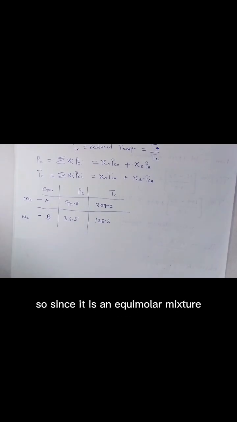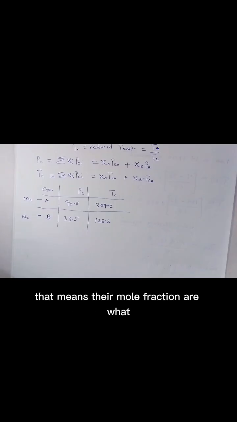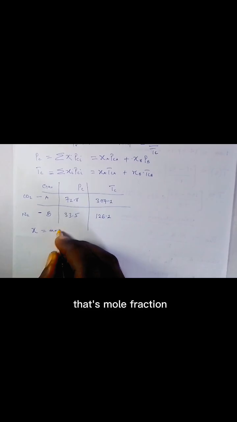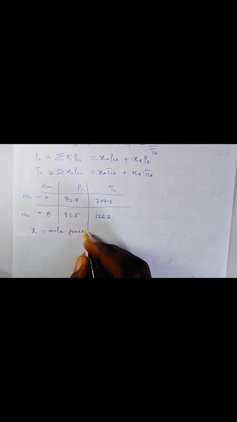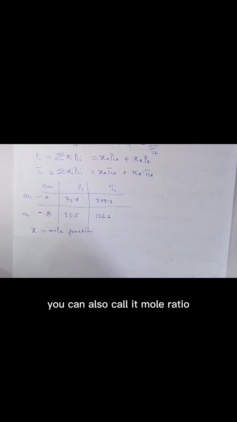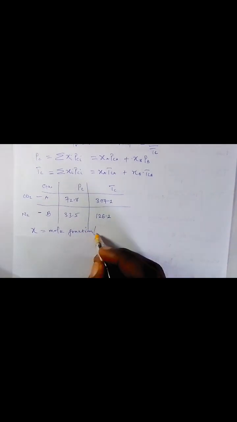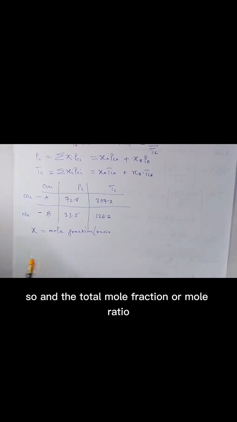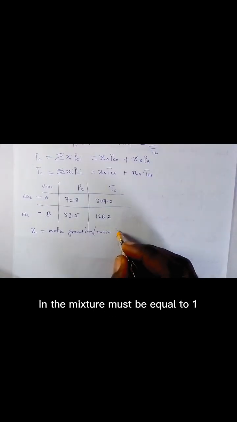Since it is an equimolar mixture, that means their mole fractions are equal, and the total mole fraction of a mixture must be equal to 1. You can also call it mole ratio. Either mole fraction or mole ratio. The total mole fraction or mole ratio in a mixture must be equal to 1.